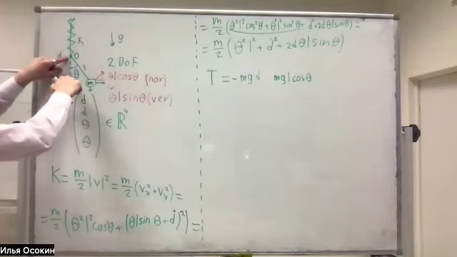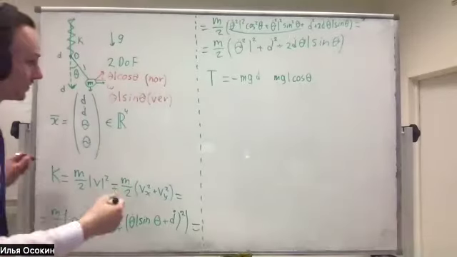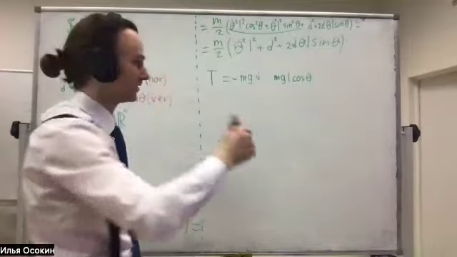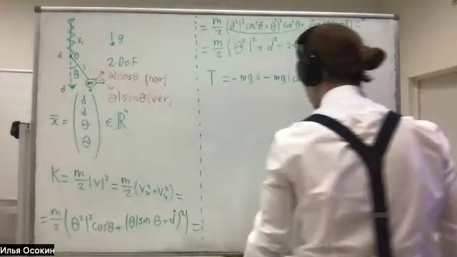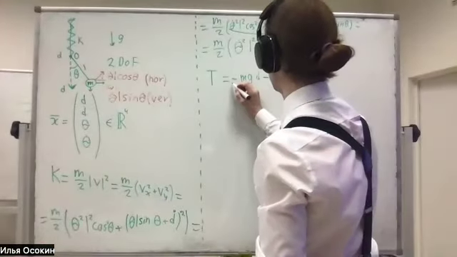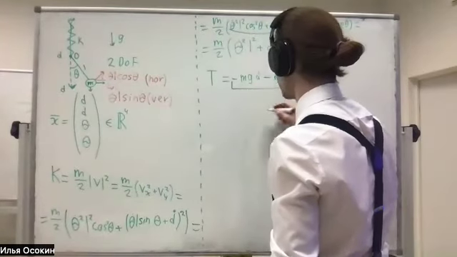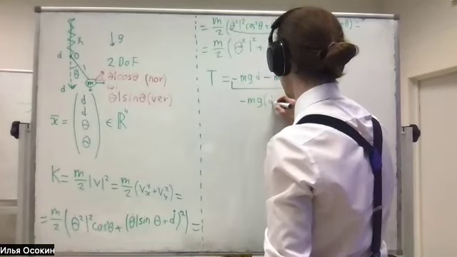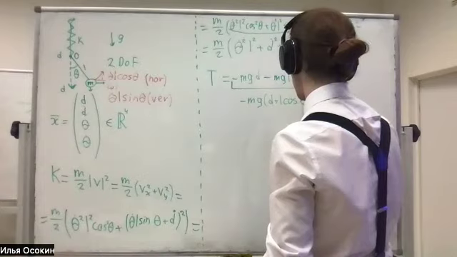And if theta is changing, the potential energy grows. So as the cosine decreases, the potential energy increases. So there's a minus over here. We can basically rewrite the first part of the potential energy as minus m g times d plus L cosine theta.